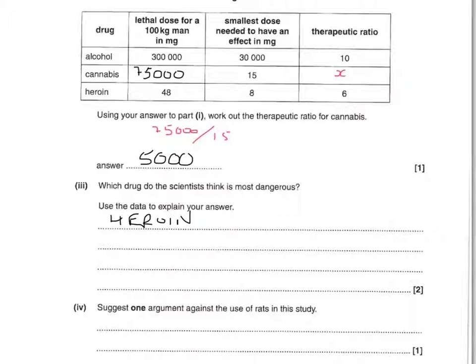So because this number is closer to this number than these numbers are to these numbers, then you're more likely to have an overdose, because you have to use this much heroin to get an effect. But it's not much more to a lethal dose. So any 2 of those 3 things: it has the smallest lethal dose, has the smallest therapeutic ratio, or you're more likely to have an overdose as this number is closer to this number than these numbers are.